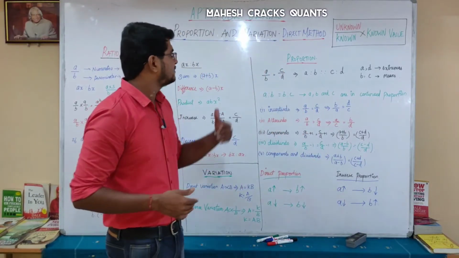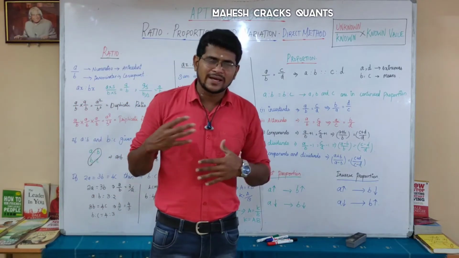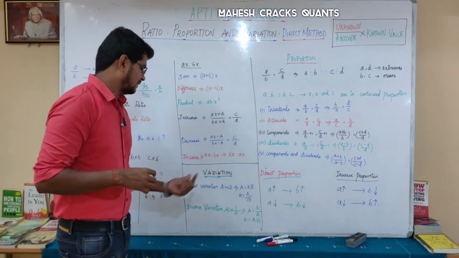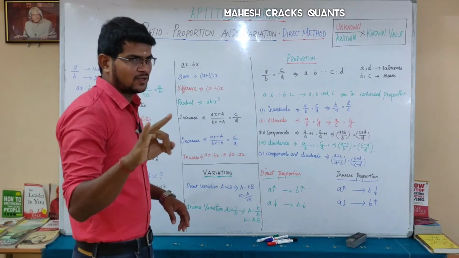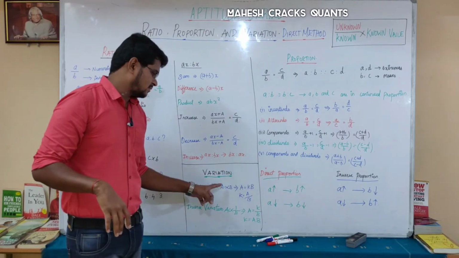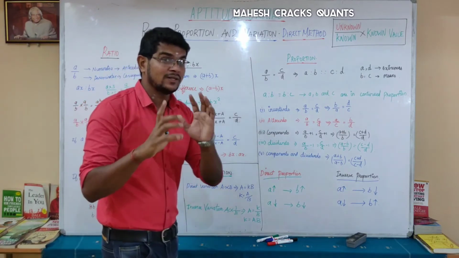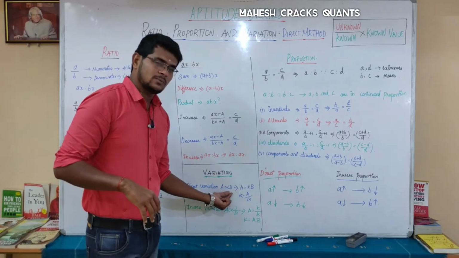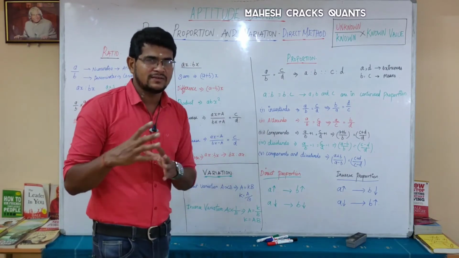And the final part is variation. What is variation? The same thing: variation is also direct and inverse, but with the variable. Variation is of two types, direct variation and inverse variation. Direct variation is nothing but A is directly proportional to B. We might have heard that in maths classes. A is directly proportional to B means A is equal to K into B, where K is a variable.